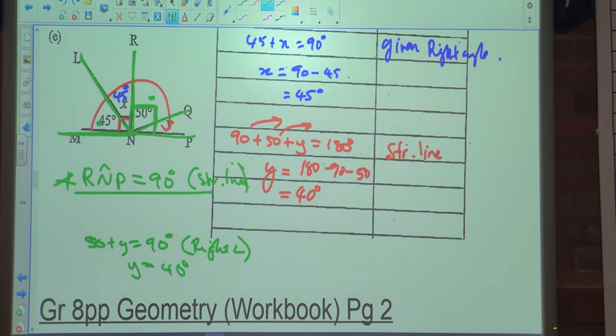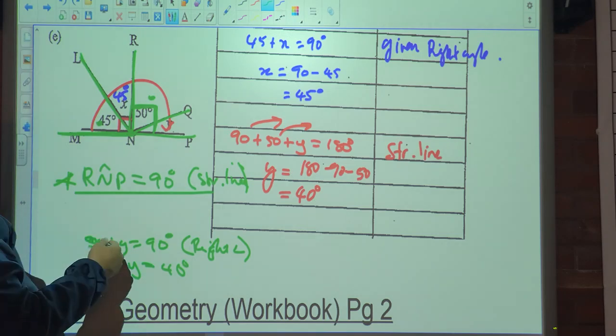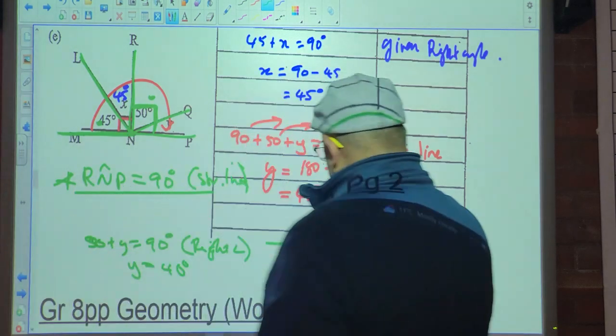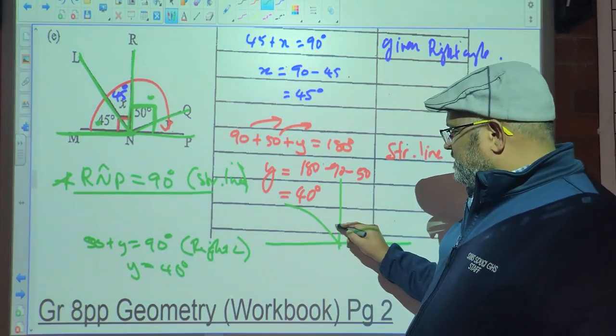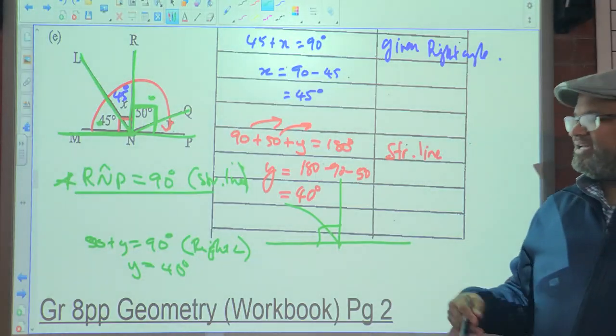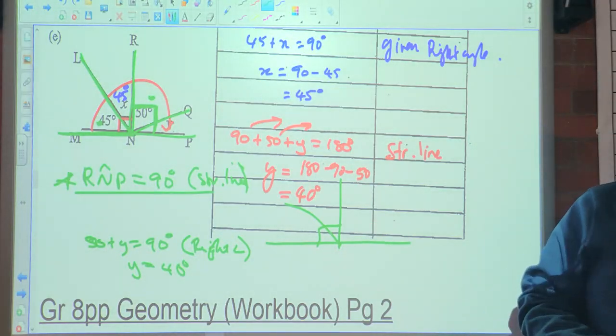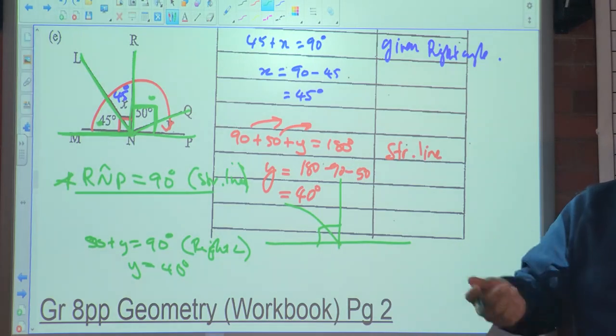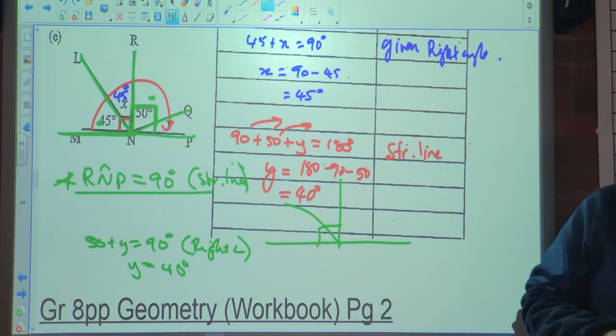So you can't just assume, even if it's like this. So you're asking if that is there and there's no line here, would that be 90? Yes, it will be 90 because there are angles on a straight line. So you can't just assume. You must state that it's 90 first before you can use it.